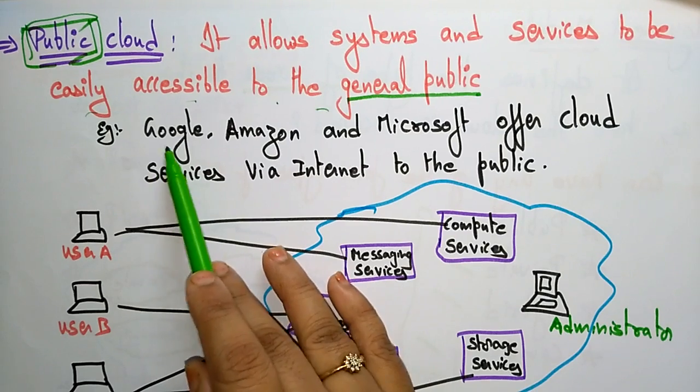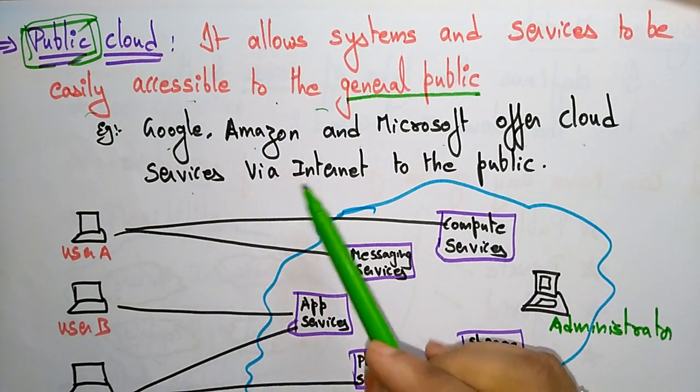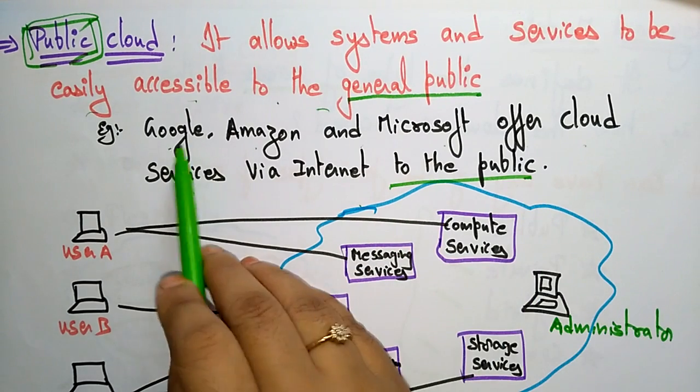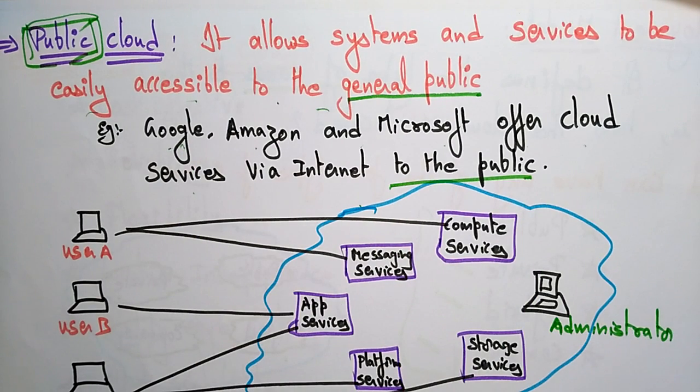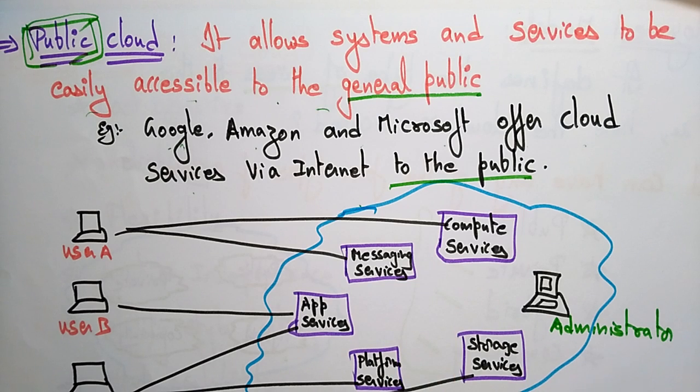For example, Google, Amazon and Microsoft offer cloud services via the internet to the public. Google provides search engines and Google apps, where you can download whatever software or apps you want. Any person can download. And Amazon and Microsoft also offer cloud services via the internet to the public.